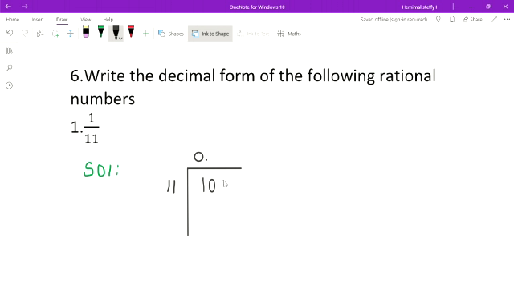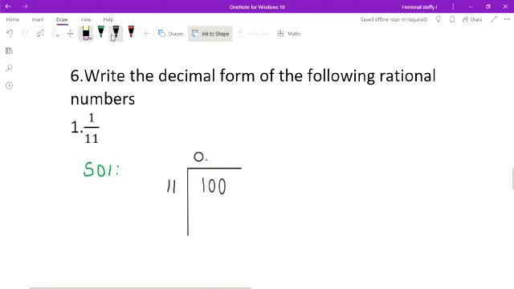So add 1 zero. It is possible to add one more 0 in that place because we have the point here. Okay, 100 is there. Now we can divide it. How many times are 11s? Okay, one minute, I made one mistake.